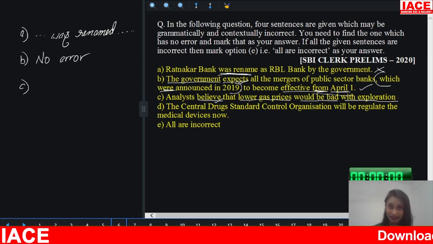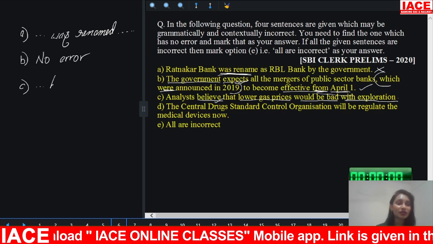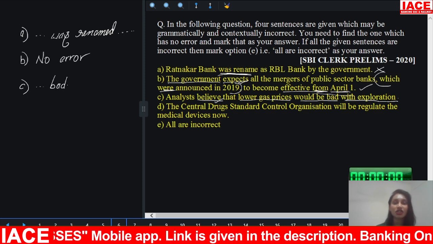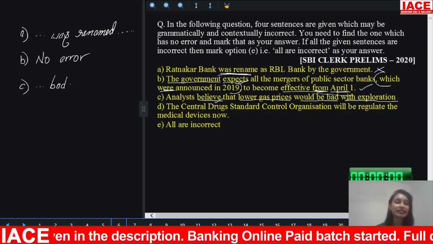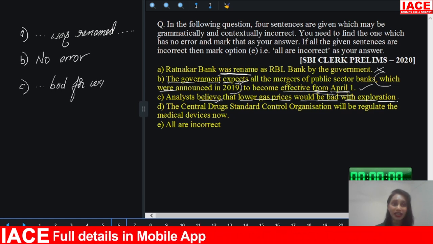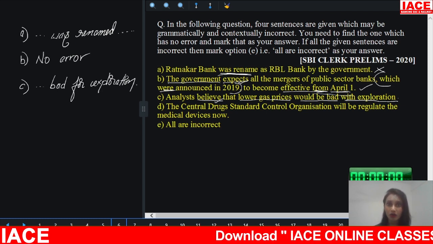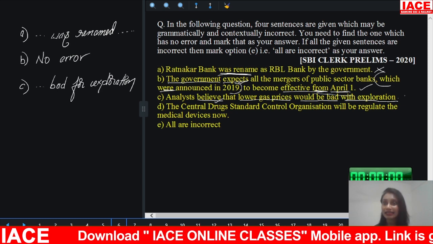Lower gas prices would be bad with exploration. So here the incorrect usage of the preposition with makes the sentence incorrect. It should be bad for exploration. Here exploration gives the sense of investigation. Okay, so bad for, not bad with. So sentence C is incorrect.